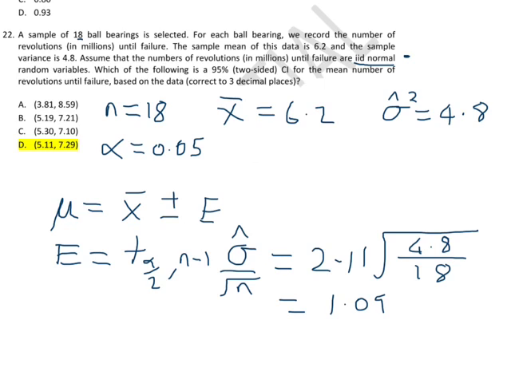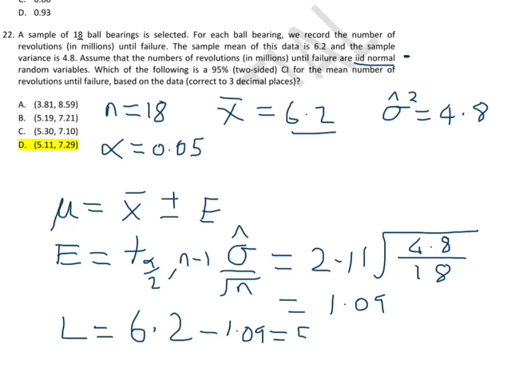Now we can find our final answer for our lower limit. Lower is going to be our x bar, 6.2, minus 1.09, which equals 5.11.